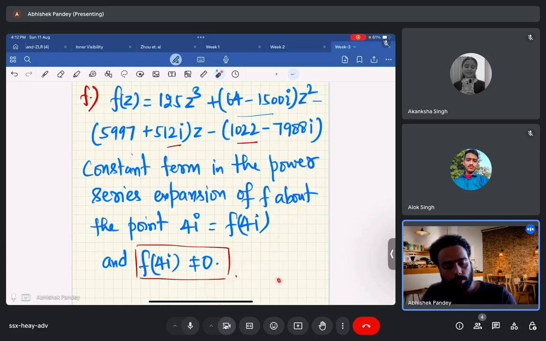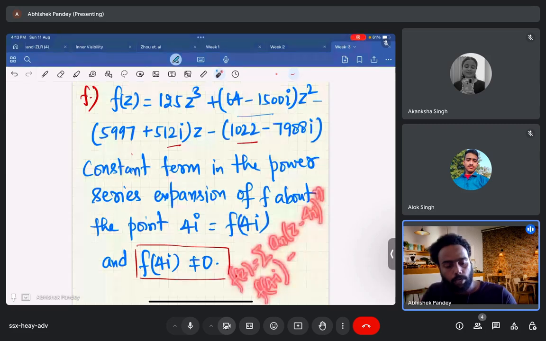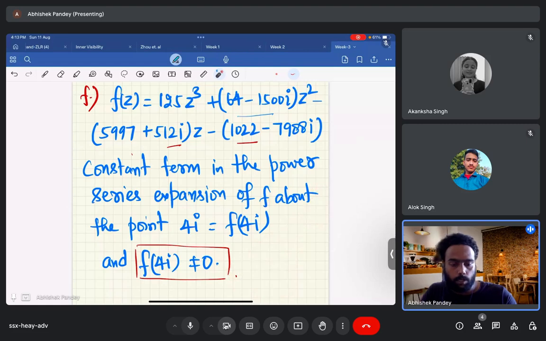This is nothing but a naught, sorry, summation an into z minus 4i to the power n. So if you take z equal to 4i, then f of 4i will be the constant term of f about the point 4i.